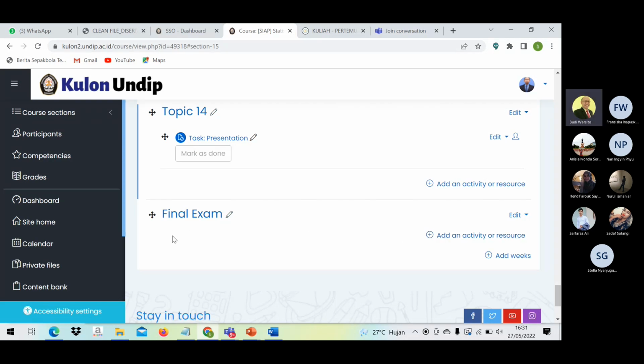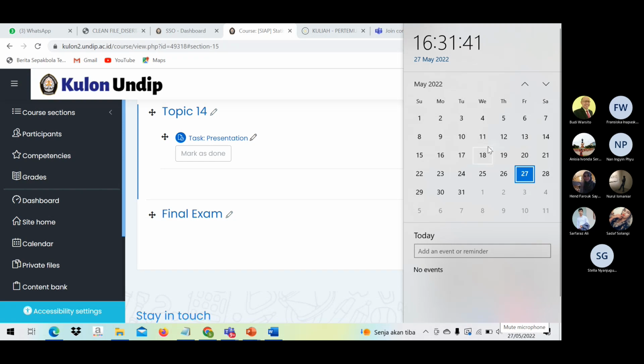The maximum is the day when the final exam is scheduled by the administration staff. I think the final exam will be held on 6 June until maybe 10 June.